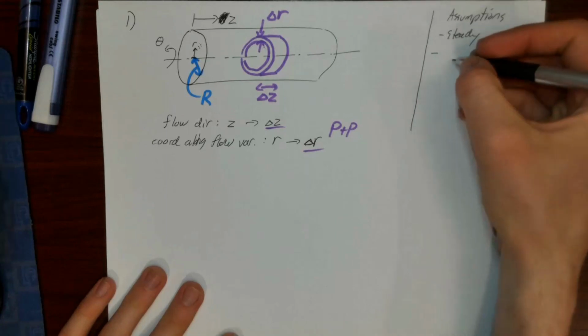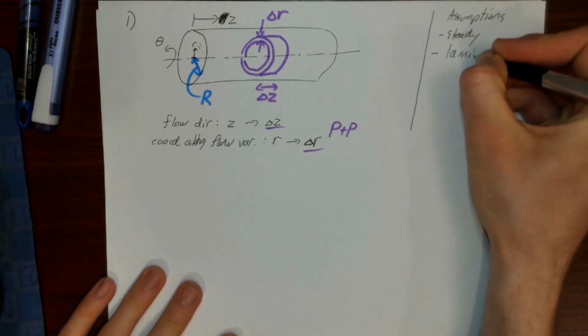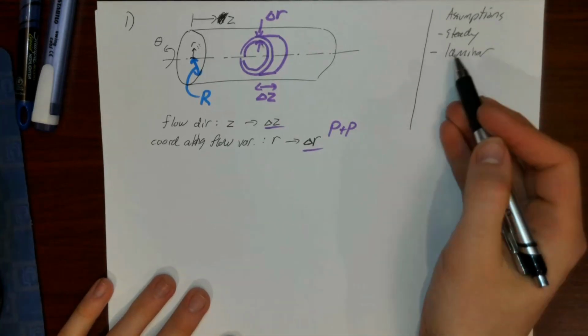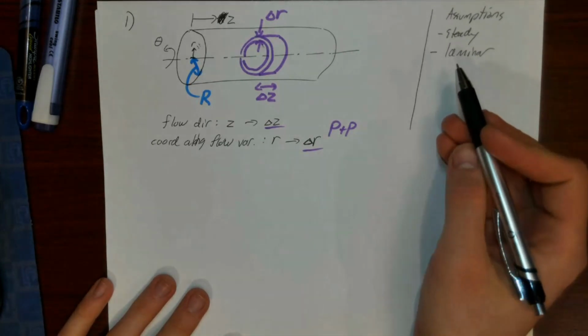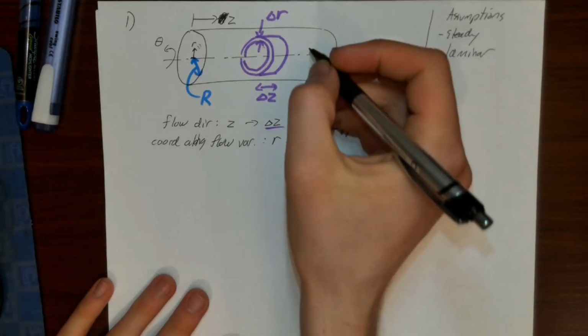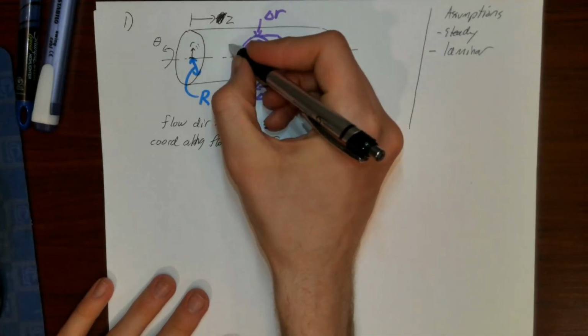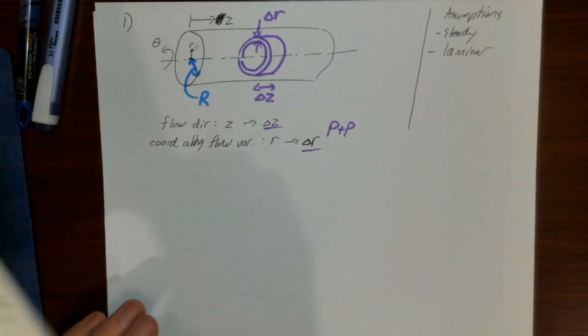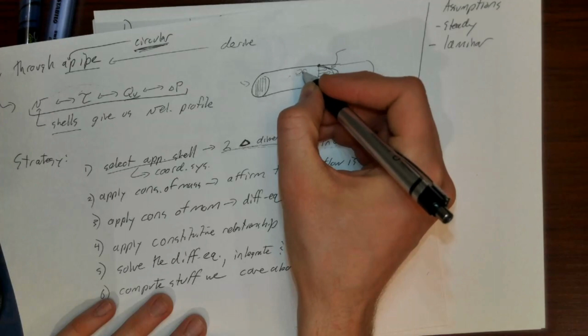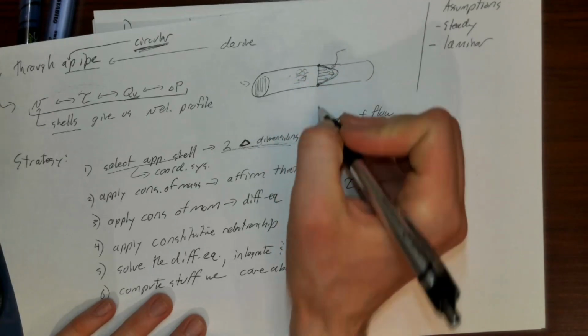We're also going to assume that the flow is laminar. I know Smarter Every Day is definitely the king of laminar flow on YouTube, so I'll be the prince. Let's just deal with laminar flow right here. Turbulent flow wouldn't really have this velocity profile. It would instead have a whole bunch of swirling eddies, and all of that's time varying.